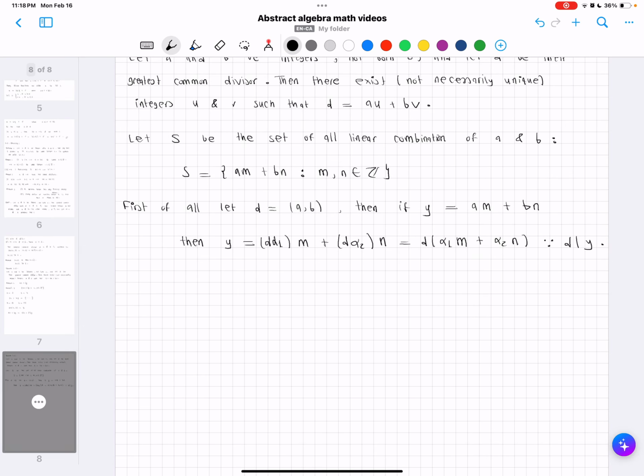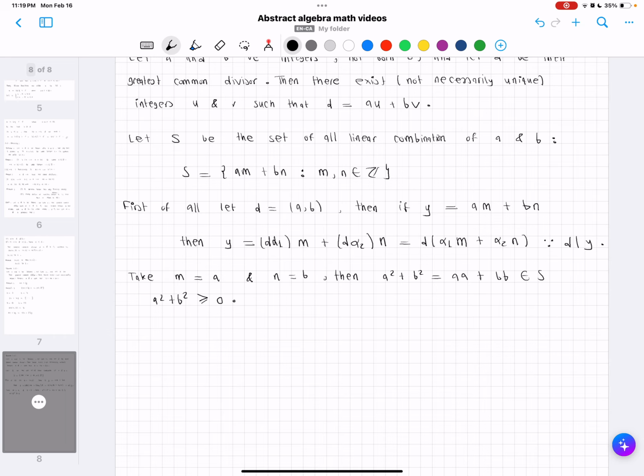So simply take m to be equal to a and n is equal to b, then a squared plus b squared is a times a plus b times b, which is in S, and moreover a squared plus b squared is bigger than or equal to 0.